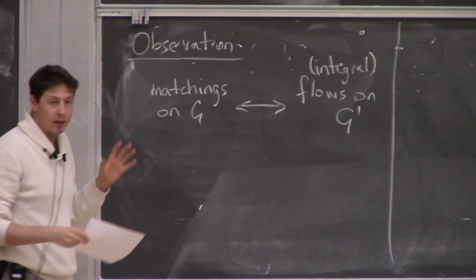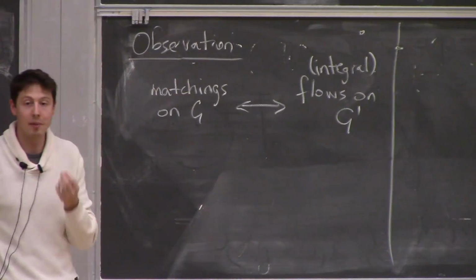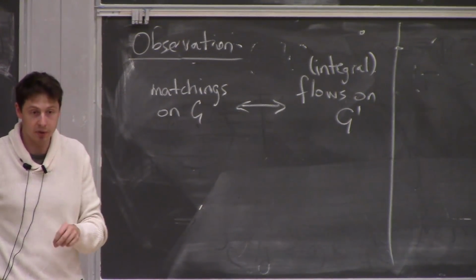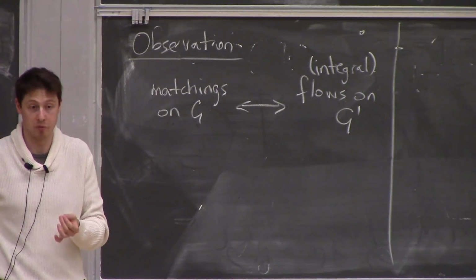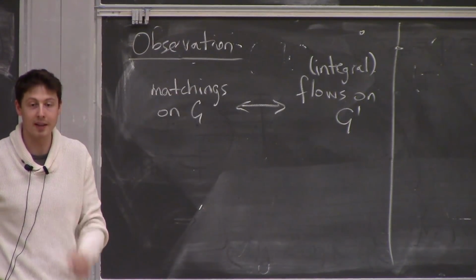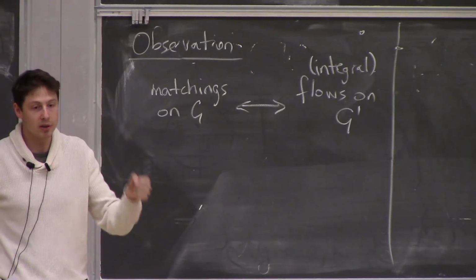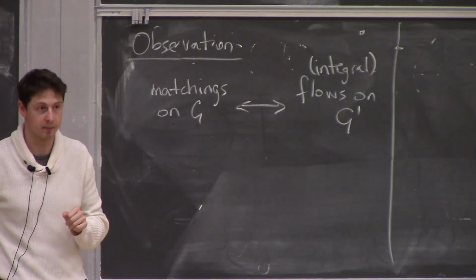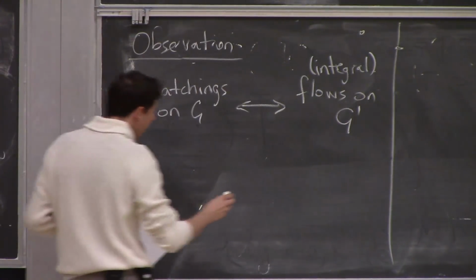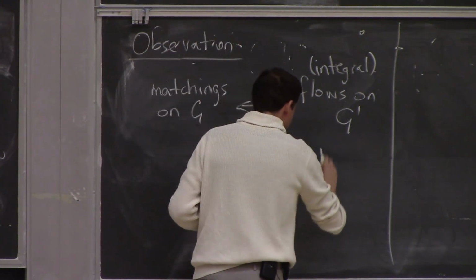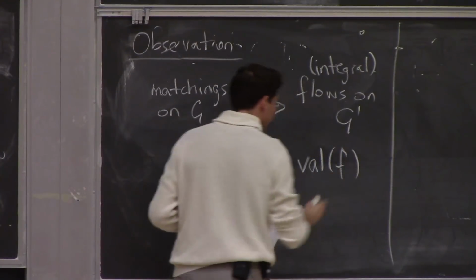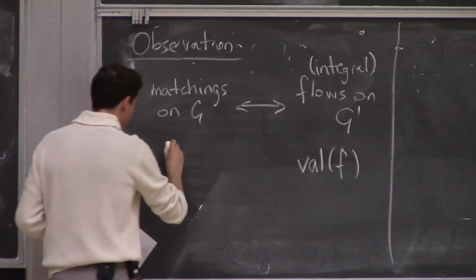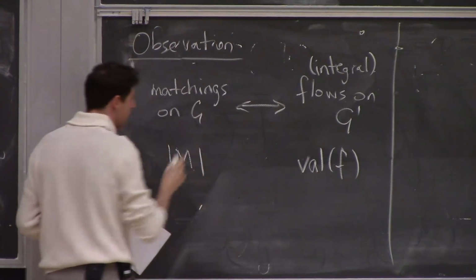Now, this doesn't mean that our algorithm is correct, because our algorithm wanted the maximum matching, and our subroutine gives us the maximum flow. So now we need to establish that as I increase the flow, so is the size of my matching also increasing, because I want this to be the case. Now, let's look at the value of a flow on G prime, and let's compare to it the size of its corresponding matching.